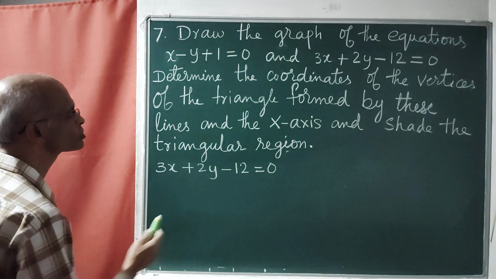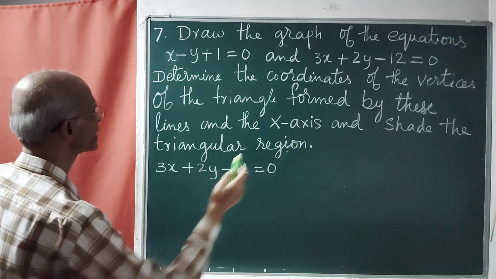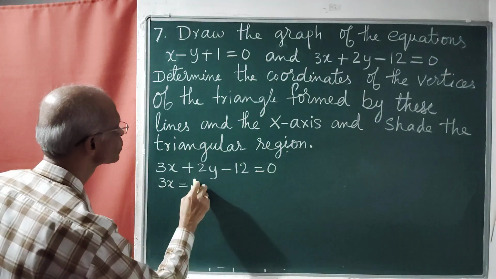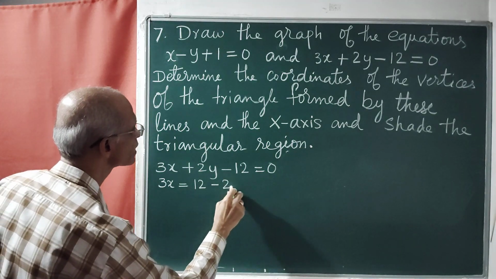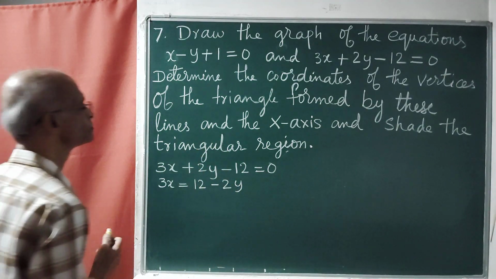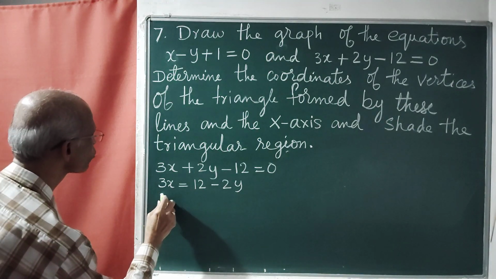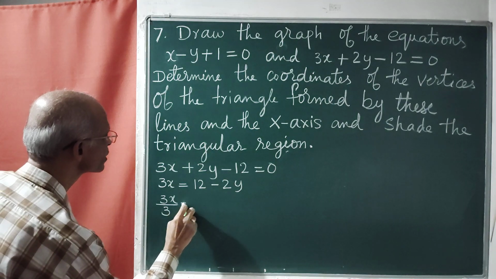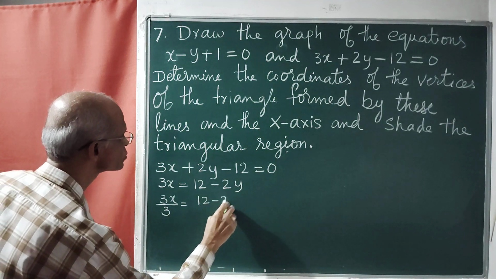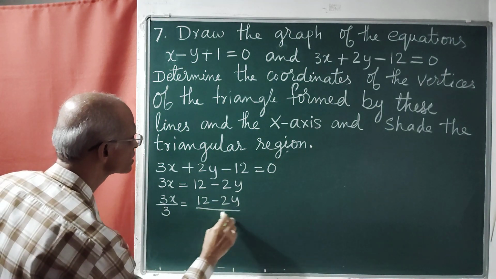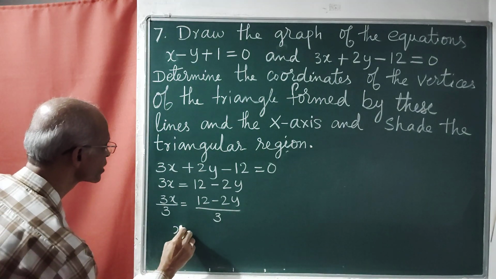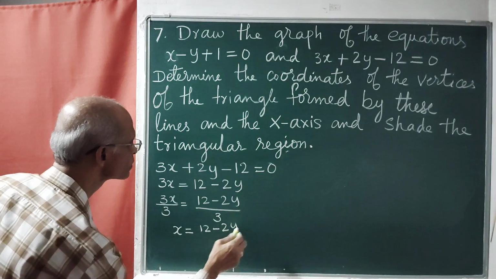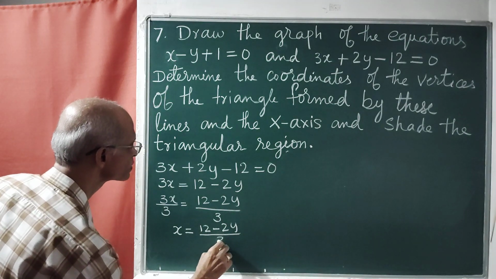Now I will transpose 12 and 2y to the right side. 3x will be equal to 12 minus 2y, and I will divide both sides by 3. 3x divided by 3 will be equal to 12 minus 2y, the whole divided by 3. So x will be equal to 12 minus 2y, the whole divided by 3.